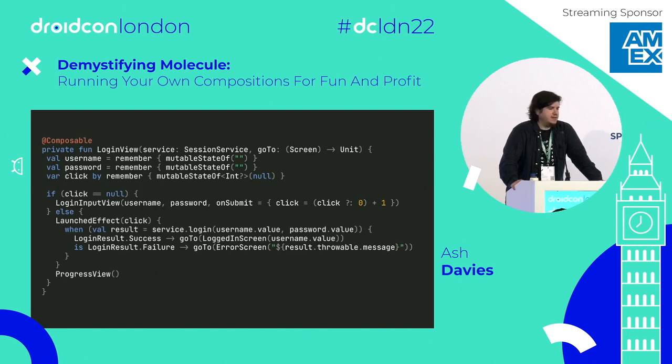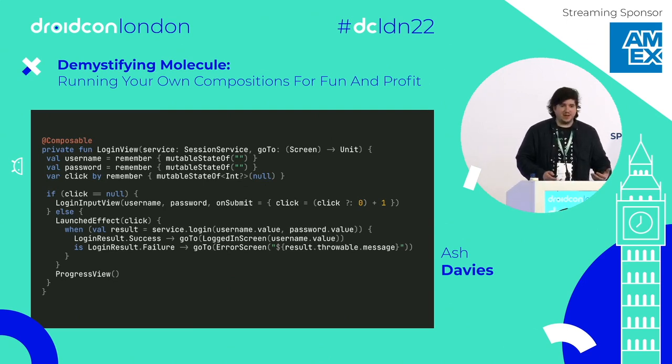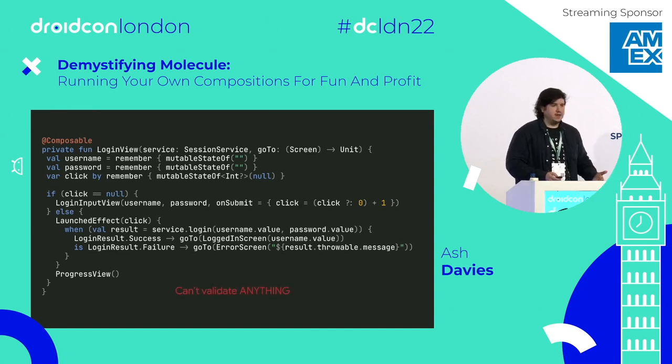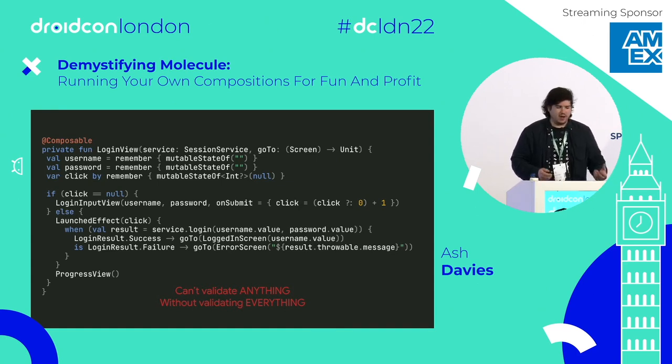But the problem with this, as you might be able to see, is its testability. It's really difficult to test this behavior because, in order to actually get a result from this, you have to execute everything. So you can't validate anything without executing everything. You've got all sorts of individual behaviors that you can't actually test properly.